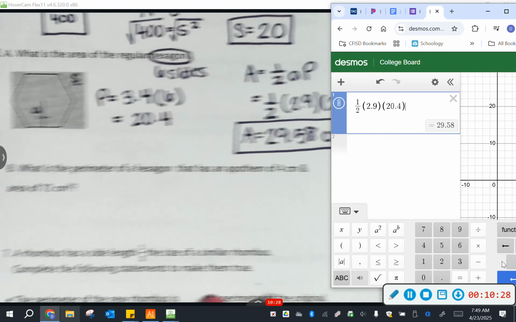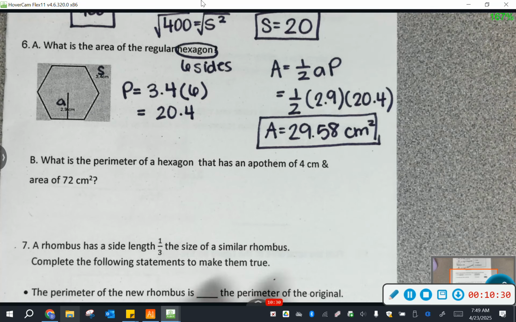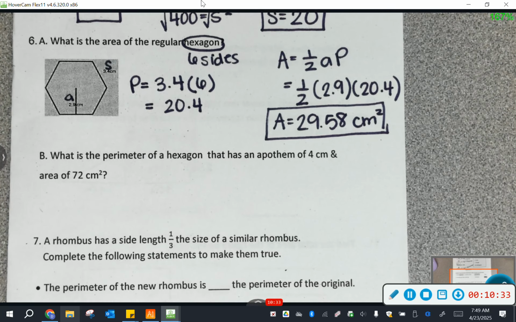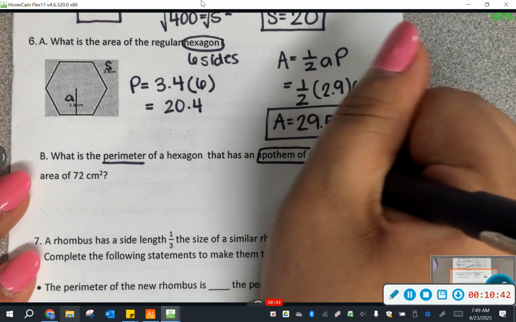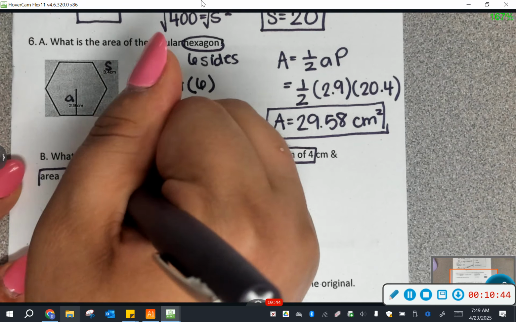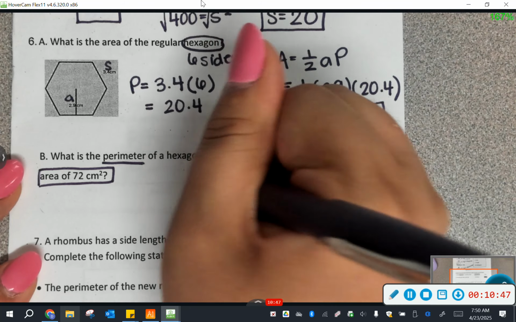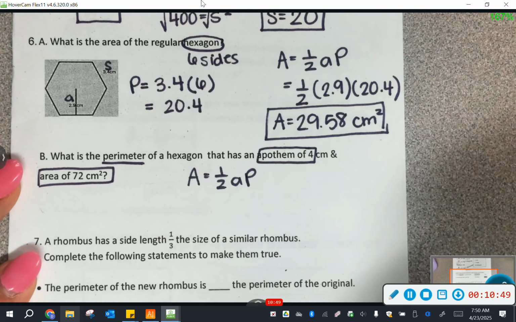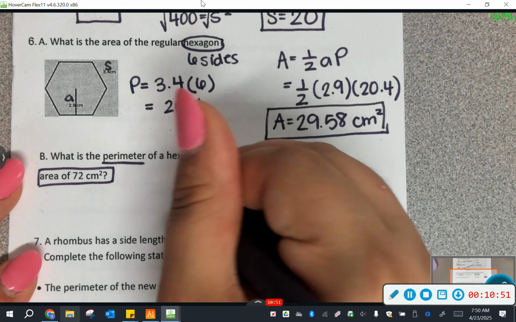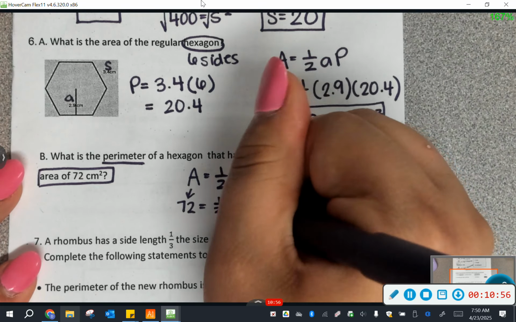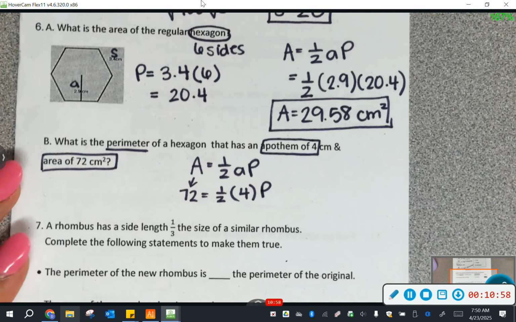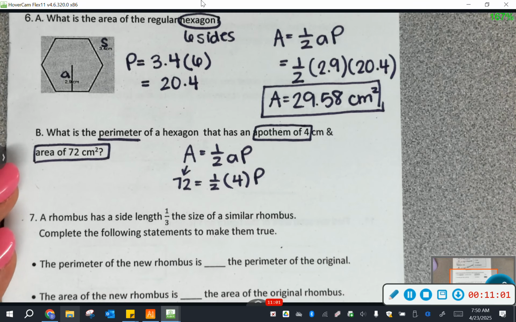What questions do I have about that? Can we also work that backwards? What if I want to find the perimeter and I know that the apothem is 4 and the area is 72? Area is 1/2 little a p, so 72 equals 1/2 times 4 times p. How do I find p?